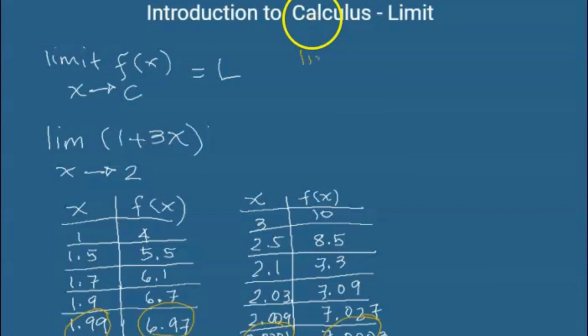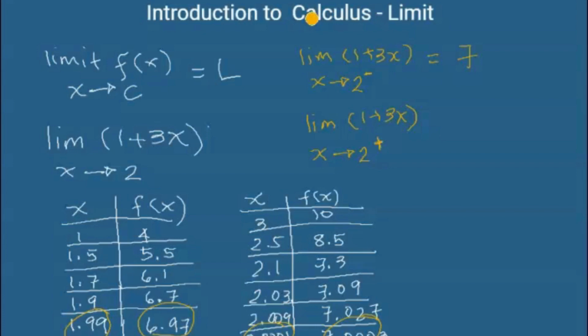So let's write this way. For the limit of 1 plus 3x as x approaches 2 from the left side, so this is a left hand limit, it approaches 7, and the limit of 1 plus 3x as x approaches 2 from the right, so this is the right hand limit, is also 7.